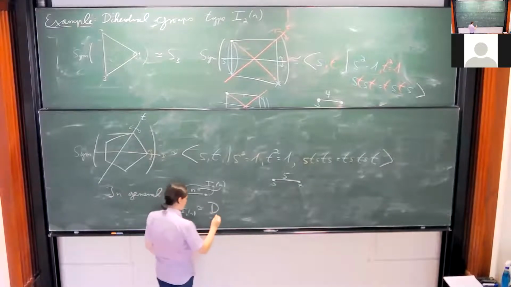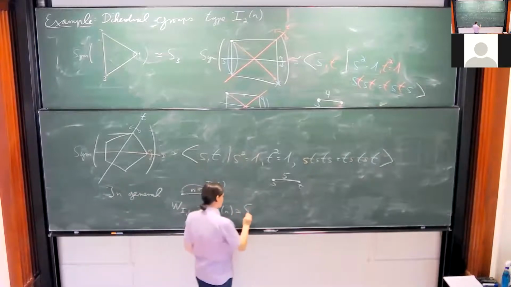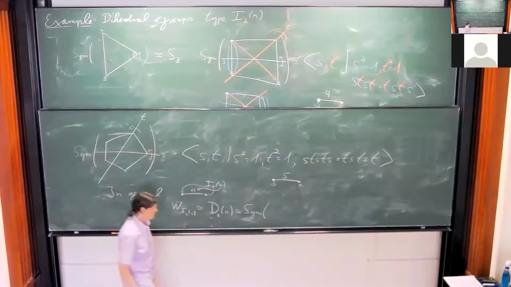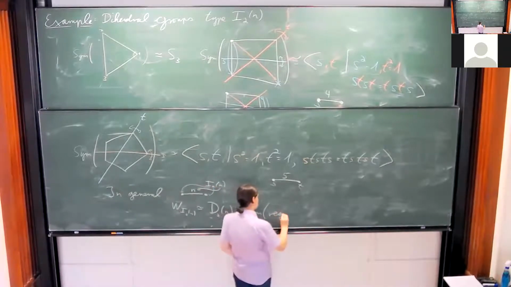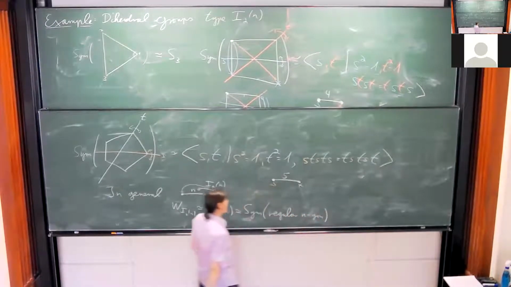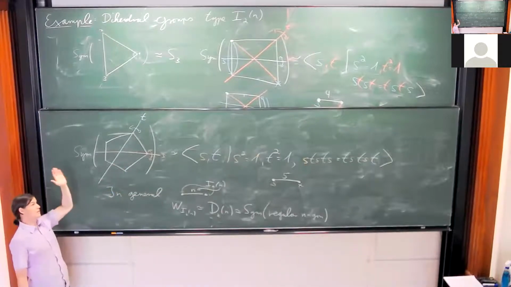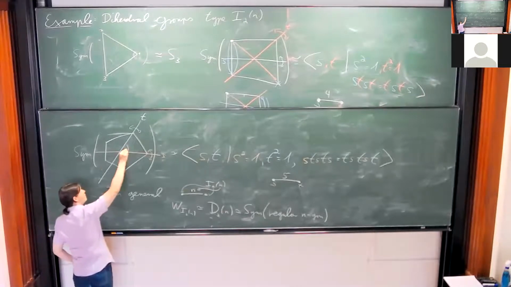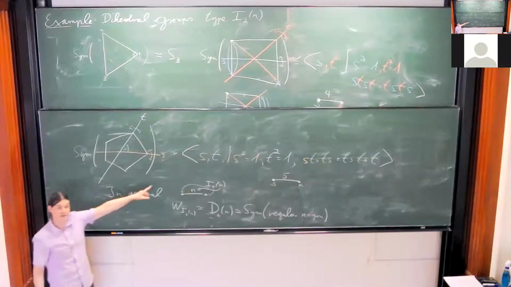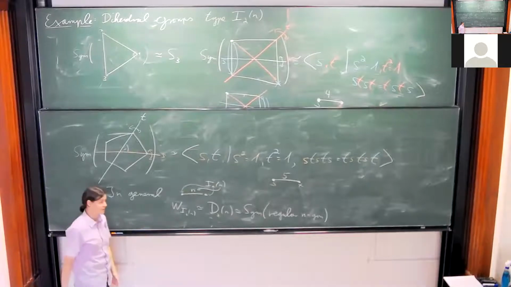Again, there is no consensus on notation, let me just call it D2N, whatever it is, and this is actually the symmetry group of the regular N-gon. The idea is the same. You write down your regular N-gon, you pick one reflecting hyperplane, turn it by the corresponding angle, you get another reflecting hyperplane. Those two are your reflection generators, and they will satisfy exactly this relation. And this is a not completely trivial theorem due to Coxeter himself.